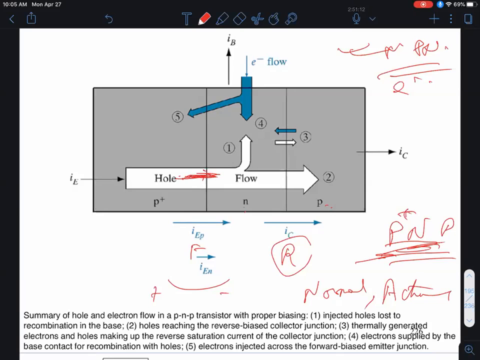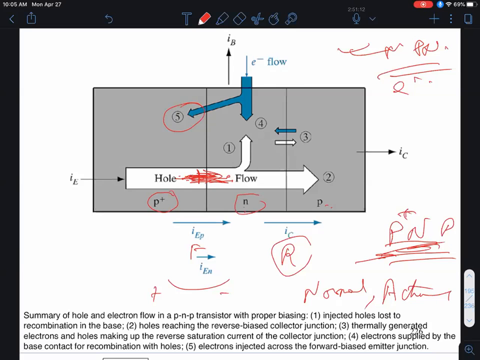So here, in this cartoon view, I'm indicating the magnitudes of the currents by how fat these arrows are. As you can see, because this emitter-base junction is forward biased, I have mostly hole current flowing across this junction and very little electron current flowing backwards. Once again, not because I have a higher emitter doping P+, but because I have a lower N-type doping in the base.